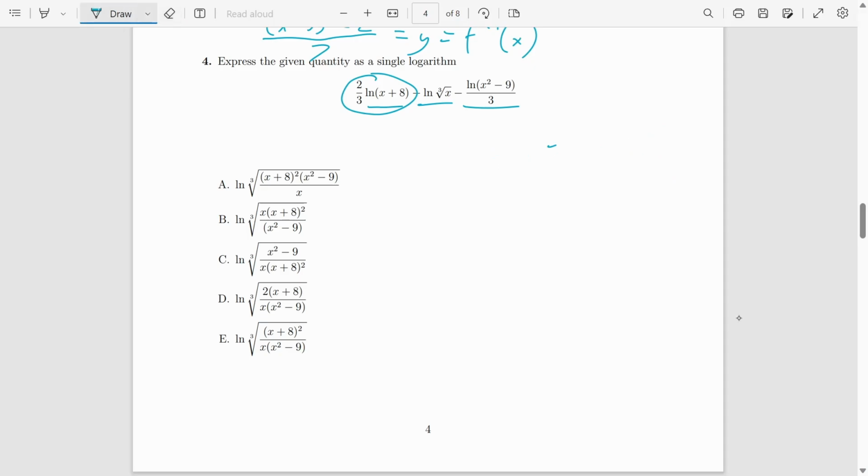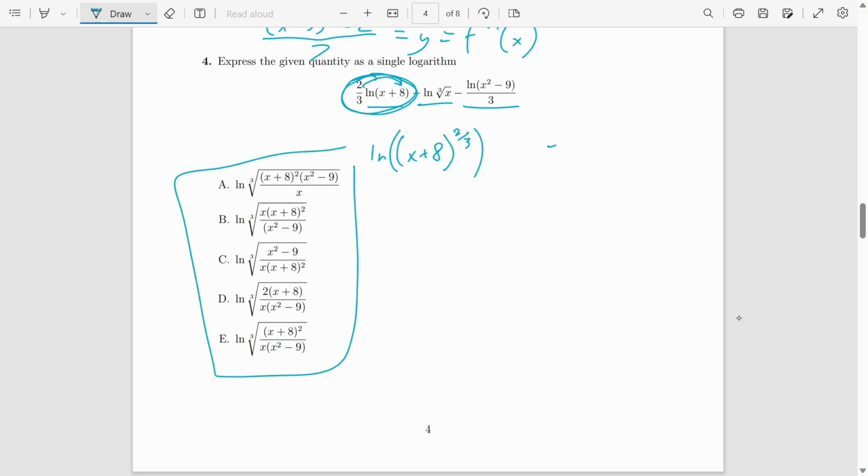We always work left to right, so let's start with the one I circled here. This 2/3 can be put as the exponent out there, so ln of (x plus 8) to the 2/3. You know what? If you look at our answer choices here, there's no situation where there's something raised to the 2/3 power.